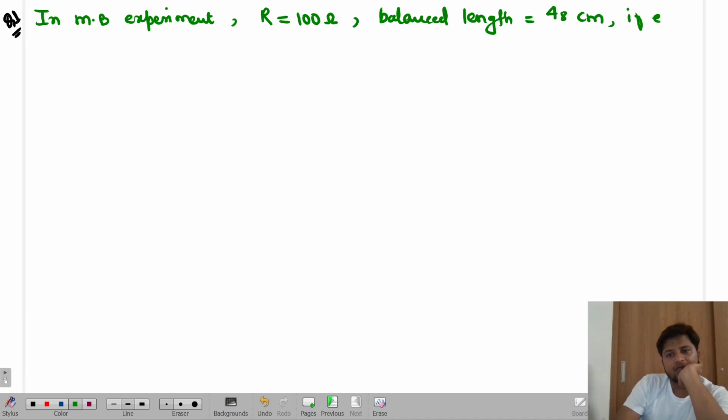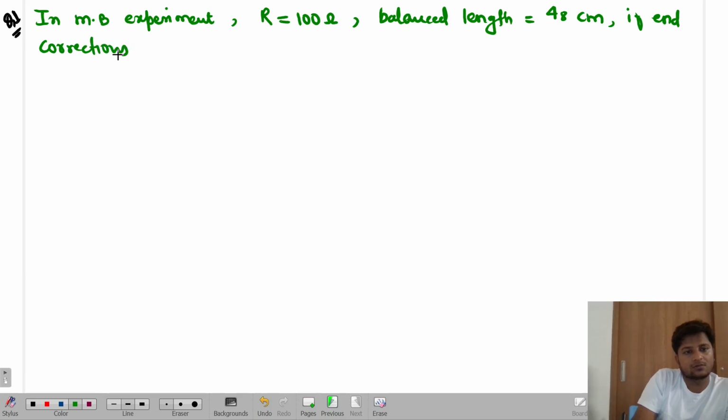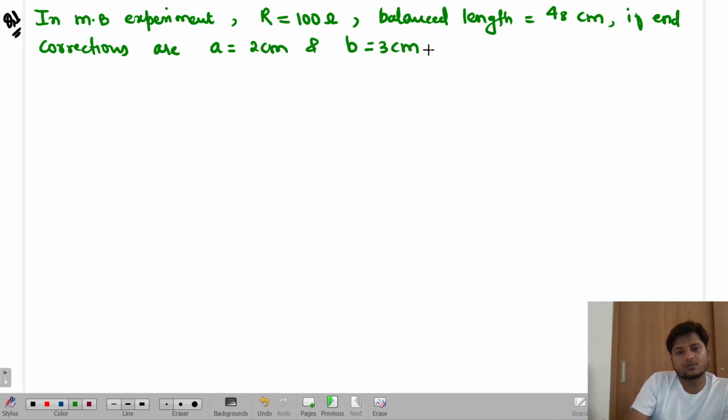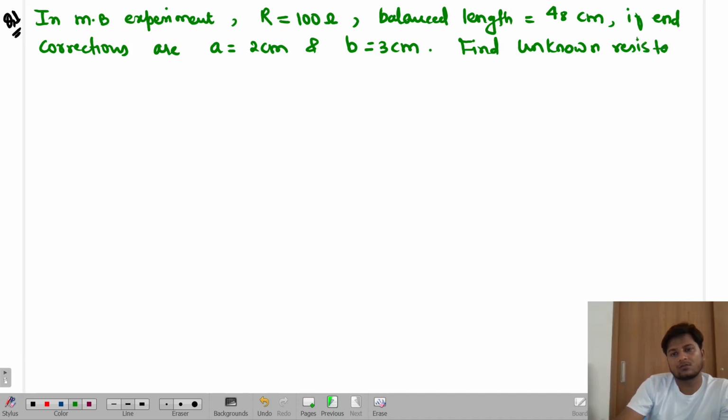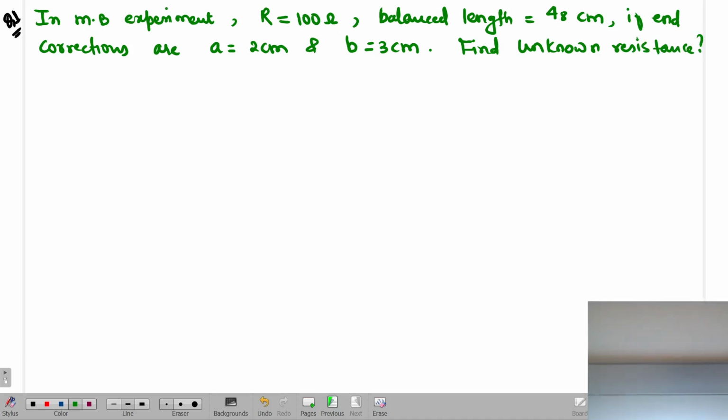If end corrections are A equal to 2 centimeter and B equal to 3 centimeter, then find unknown resistance. Do it fast.